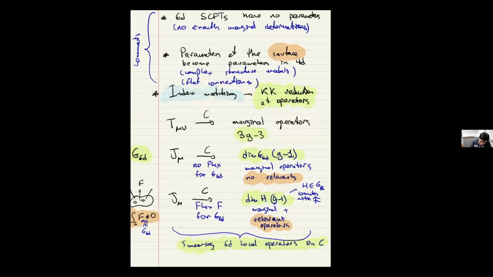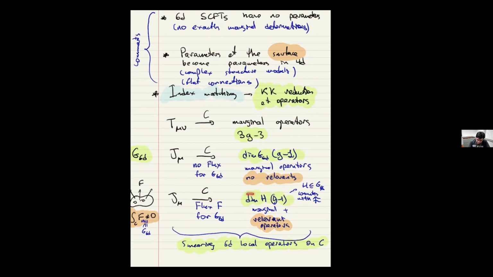In case you do turn on flux, the story is much richer. The number of marginal operators is related to the group which is not broken by the choice of the flux. So again, the flux is just a choice of some classical background that you put on this Riemann surface, and you explicitly break your 6D global symmetry to some subgroup.